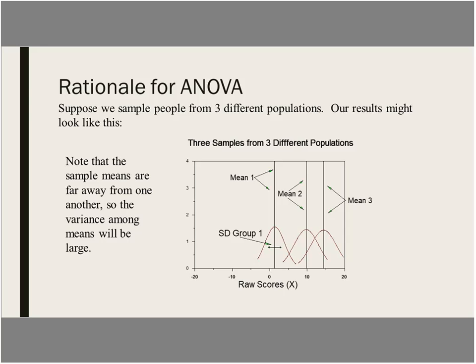But let's say we have the same people from three different populations. Now our results may look something like this. Now we have something totally different. We have a much greater dispersion among the means than before. Notice that the sample means are far away from each other, much more spread out, so the variance among these means will be larger.